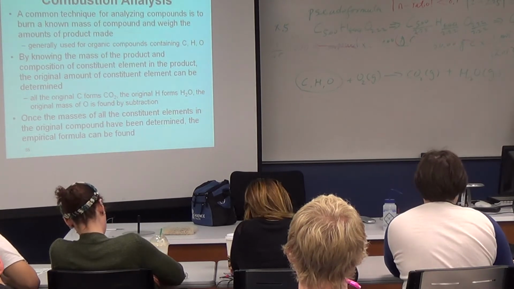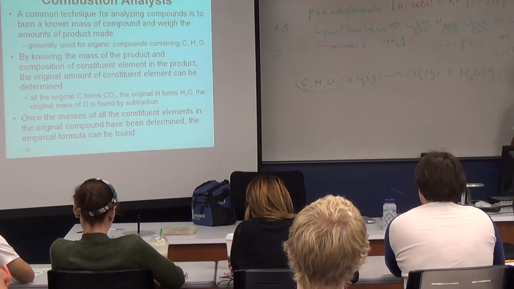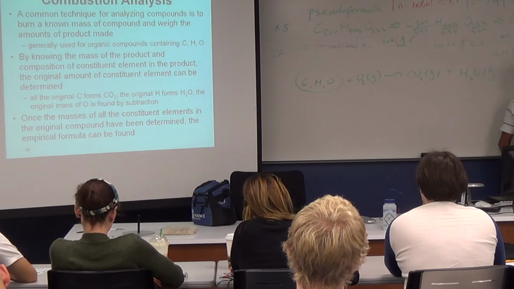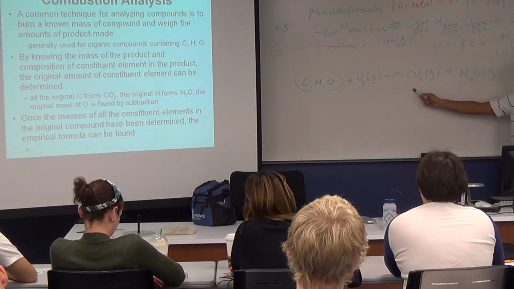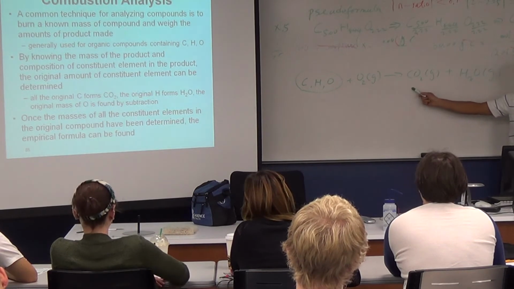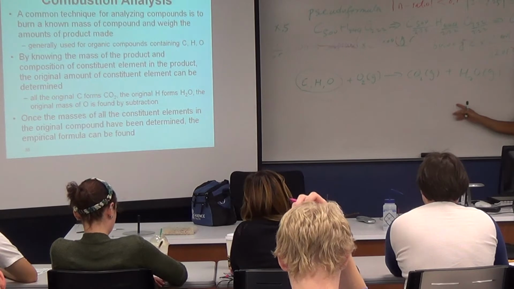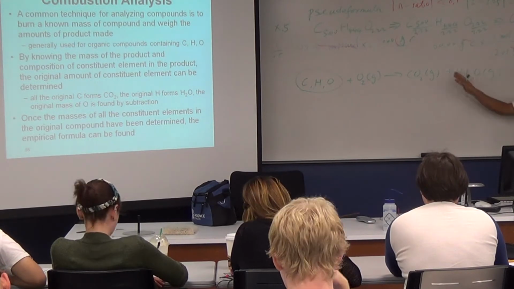By the law of conservation of mass, we don't create any new carbon, we don't lose any carbon, so all the carbon will get into these products. There's no carbon in the other products. All the H will get into water because there's no H in any other products.